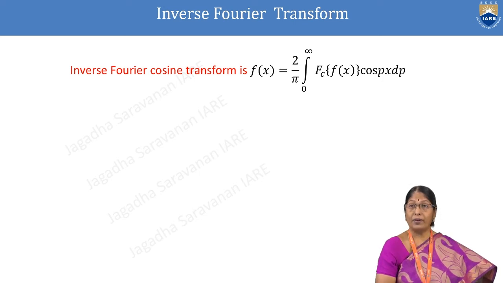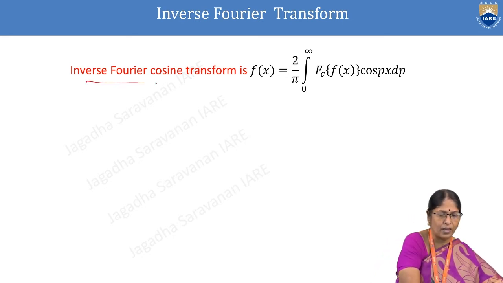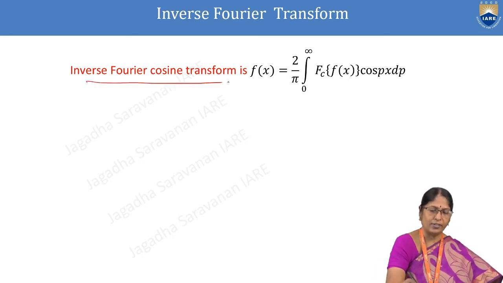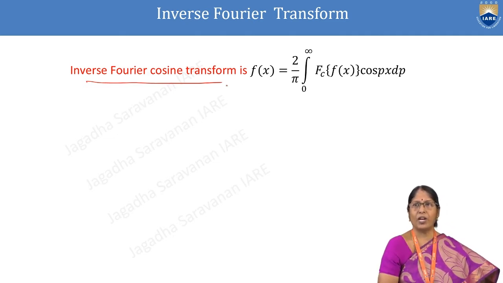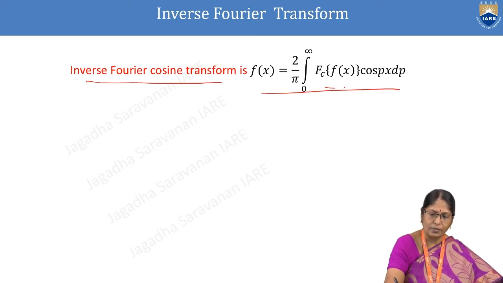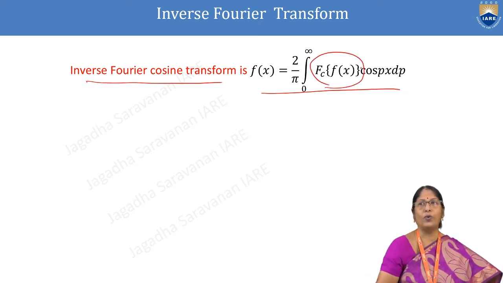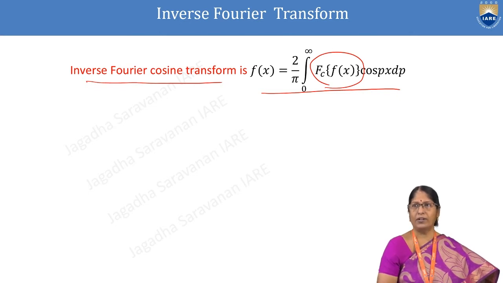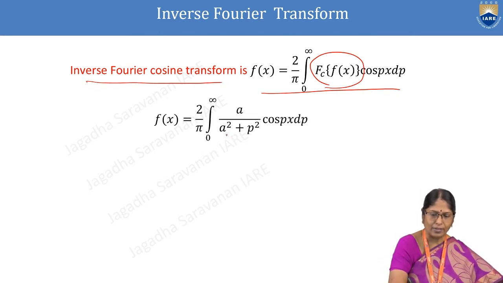But they asked to deduce the inversion also. That is the reason we are finding it now. Here it is written: the inverse Fourier cosine transform formula. Just now we obtained this result.